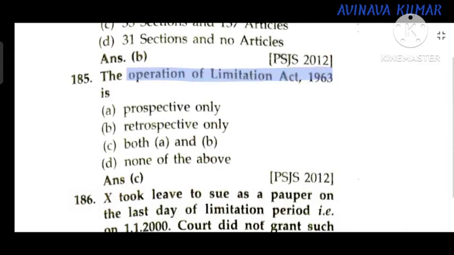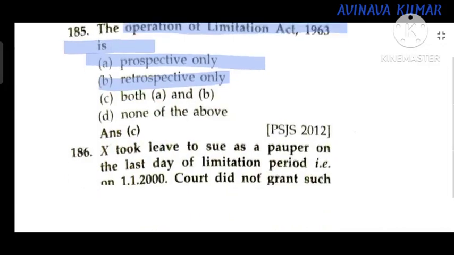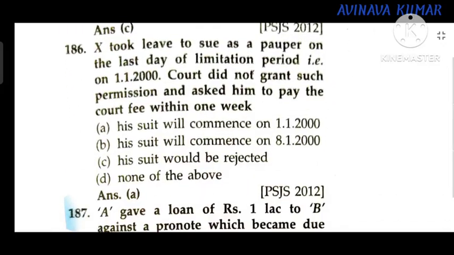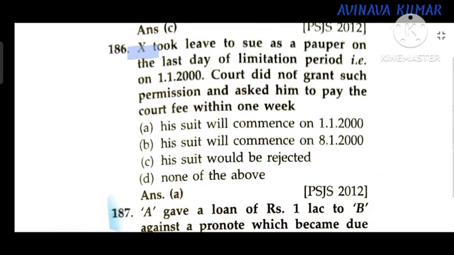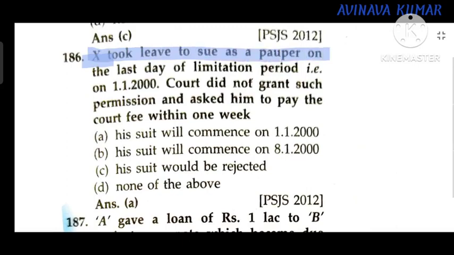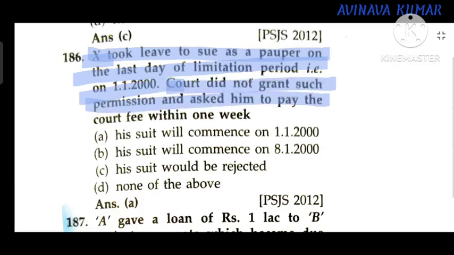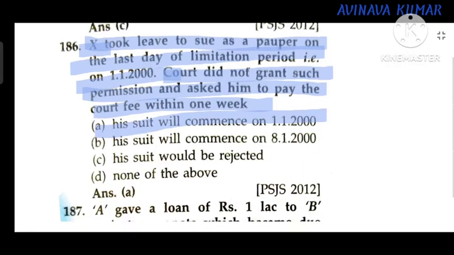The operation of the Limitation Act 1963 is both prospective and retrospective. A took leave to sue as a pauper on the last date of the limitation period, 1/1/2000. The court did not grant such permission and asked him to pay the court fee within 1 week. His suit will commence on 1/1/2000.